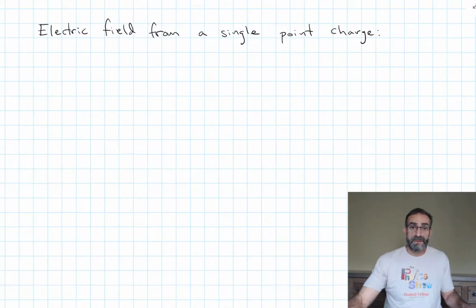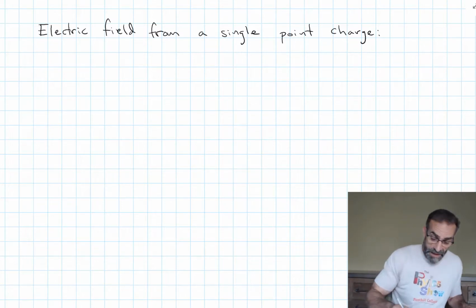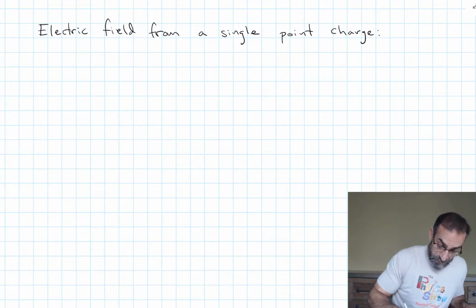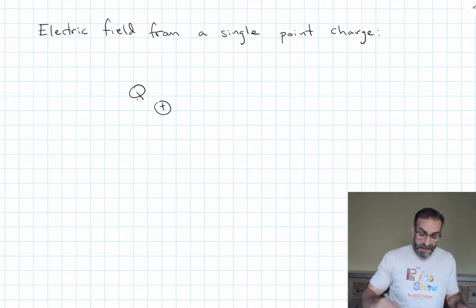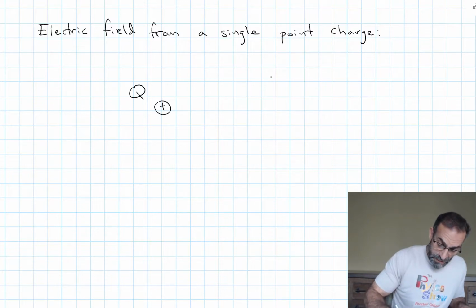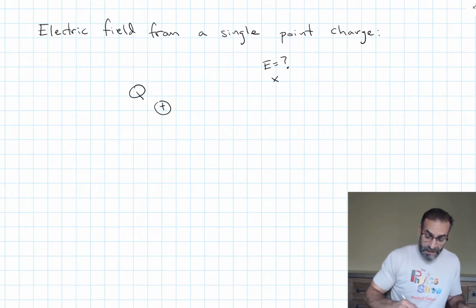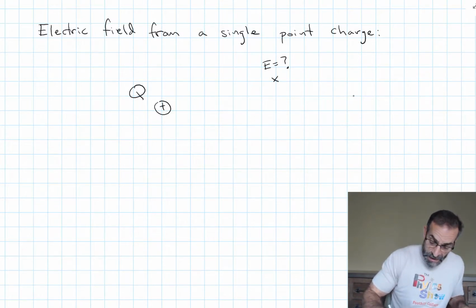They're proportional. Let's quickly review what we get when we look for the electric field from a single point charge. If we have a point charge here, I'll just use capital Q for my charge. And we want to know what is the electric field at this point right here. We can use this equation.